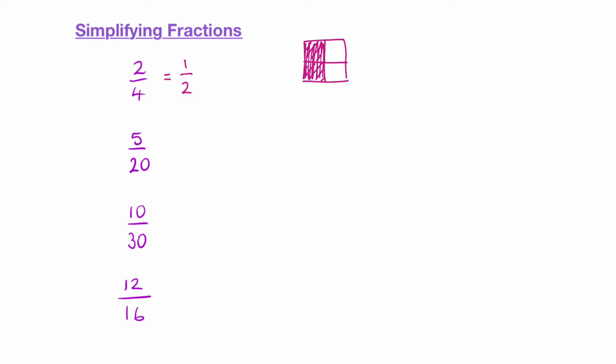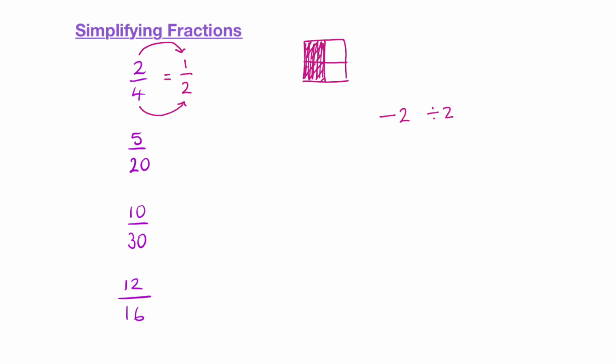And let's see what's happened to the top and bottom of 2/4 to change it into 1/2. So, what have we done to 4 to change it into 2? Well, we've either taken away 2 or we've divided by 2. I'm just going to write them down there.